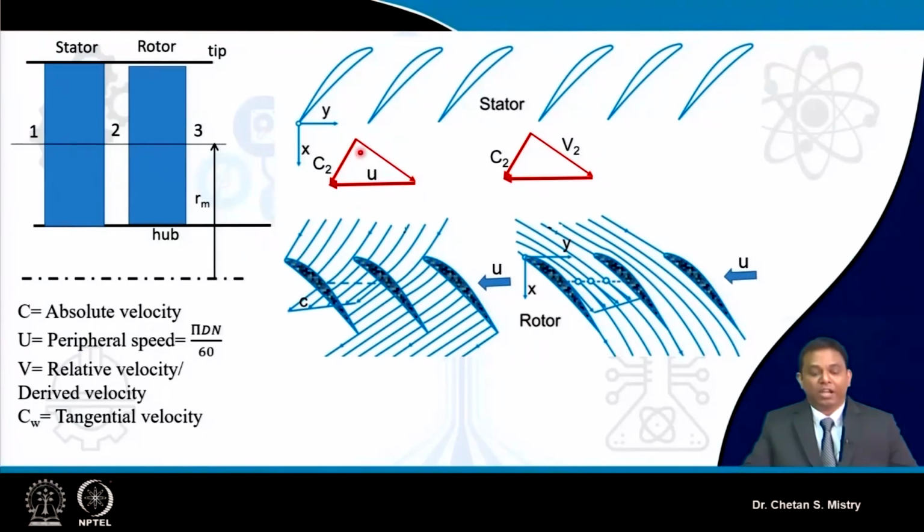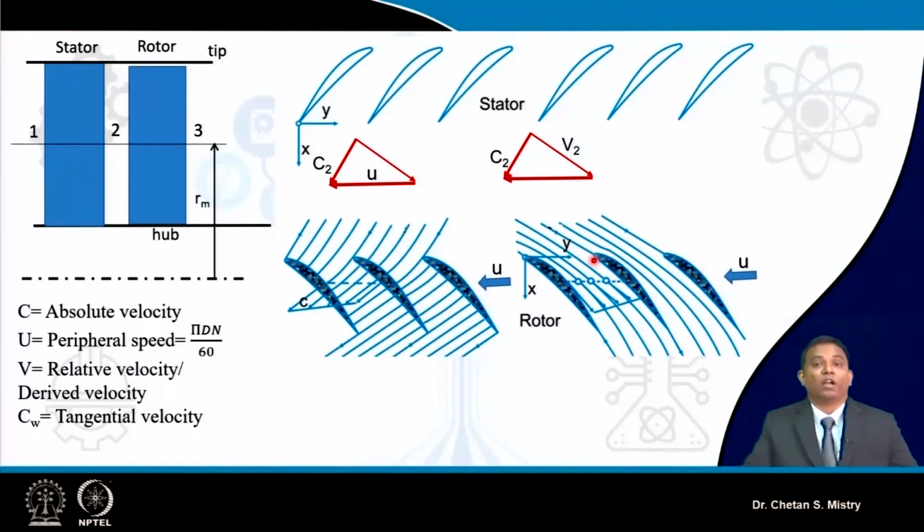So you can understand that my flow coming out of the stator will come out with absolute velocity C2 and will leave with relative velocity V2. Now, here this represents the streamlines for my absolute velocity component. In the same way, this is my rotating device.